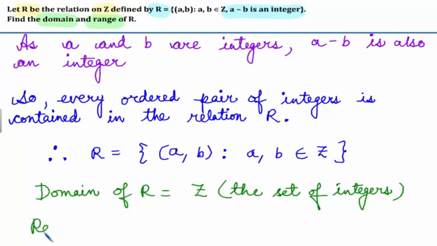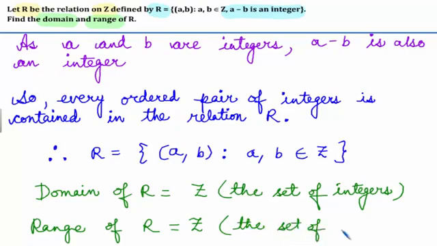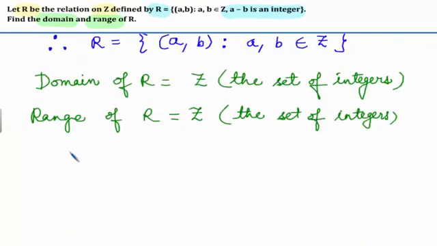And range, as we all know, is the set of second elements of the ordered pairs of R. So the range of R also will be equal to Z, that is the set of integers. So with this we come to the end of the solution of this question.